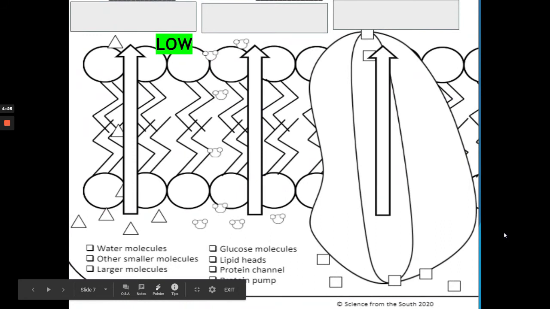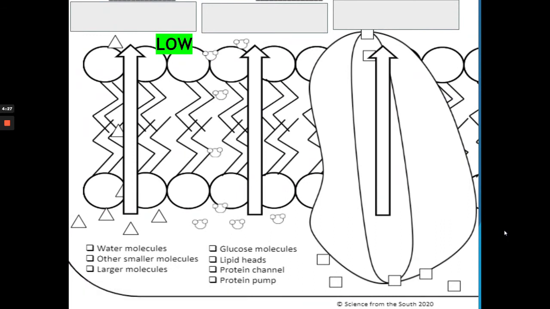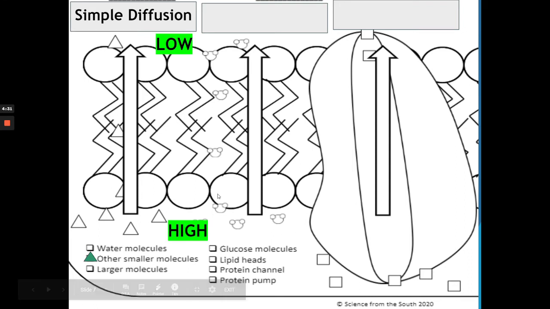So on our note sheet, what we're going to do is we're going to label simple diffusion. So that's what we see here in this first picture. So we're actually looking at kind of three separate situations going on this one side. So here we have our low concentration of the molecule, and here we have the high.